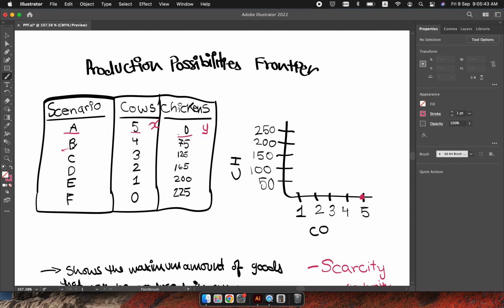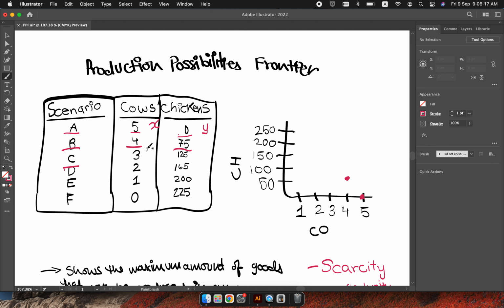And in scenario B, we have the farmer having 4 cows, and he perhaps decides to sell one of his cows and buys 75 chickens. So now we have 4 cows, but 75 chickens. So that would be here. Alright. And then in scenario C, we have 3 cows.